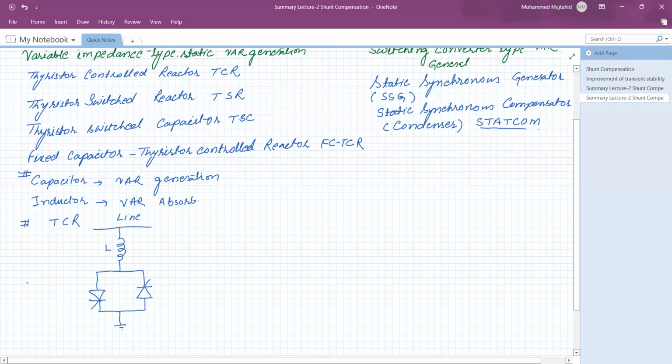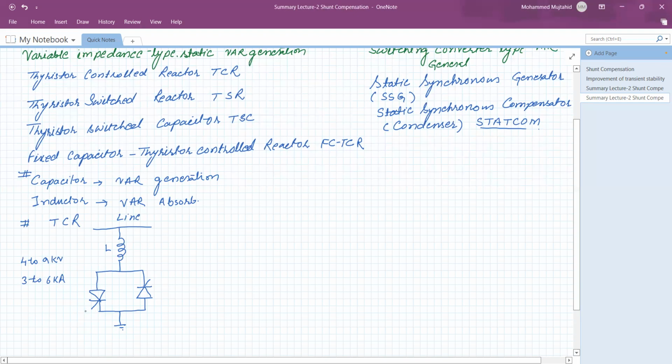This thyristor may carry up to 4 to 9 kV voltage and 3 to 6 kilo ampere. As per the requirement, a number of thyristors are connected in series to obtain the system voltage, or a number of thyristors are connected in parallel to obtain the current capacity, and the combination is called a thyristor wall.